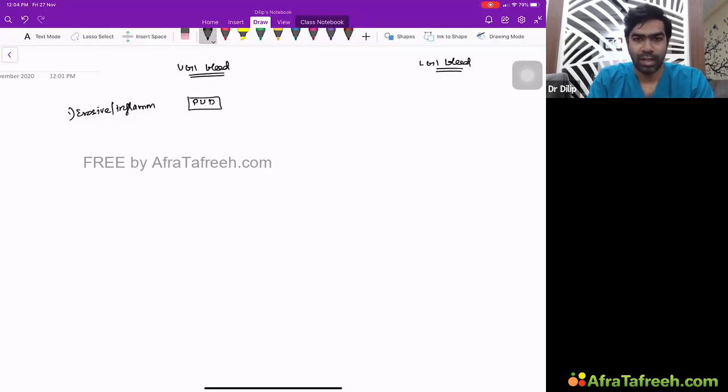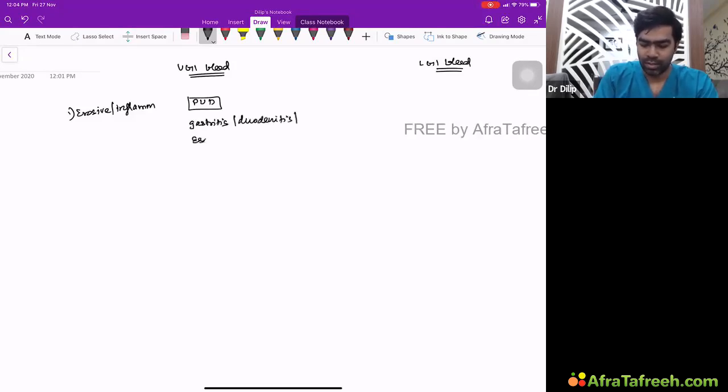You can also get it with erosive gastritis, duodenitis or even esophagitis, so these also could cause upper gastrointestinal bleed. But remember, almost 30% of all upper gastrointestinal bleed cases will be due to underlying peptic ulcer disease, and that's supposed to be the most common cause.